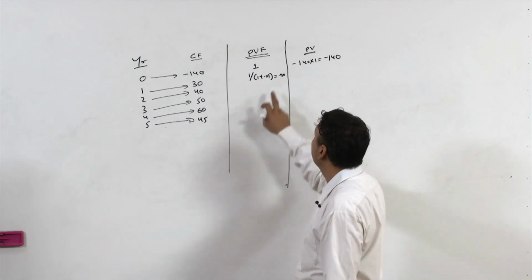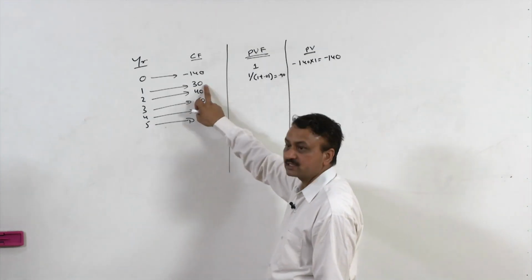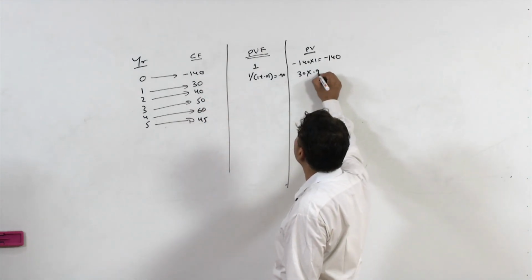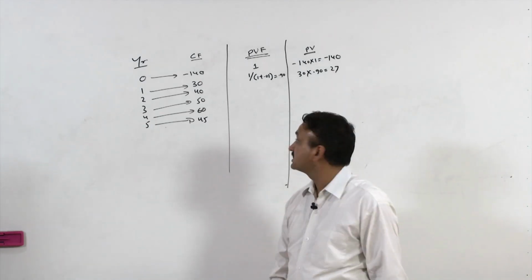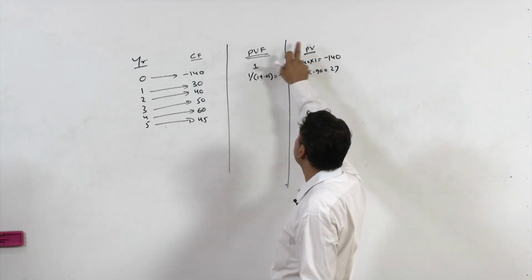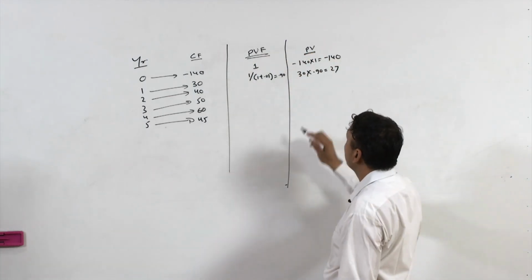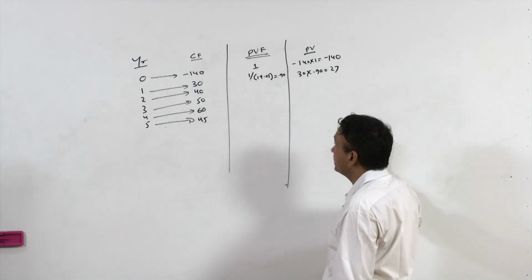So, this is 0.9. Now, what is the present value of 30 rupees? It is 30 into 0.90, which is equal to 27. This is the present value factor at 10% in this case, and this is the present value. You need to convert all these cash flows into their present values.